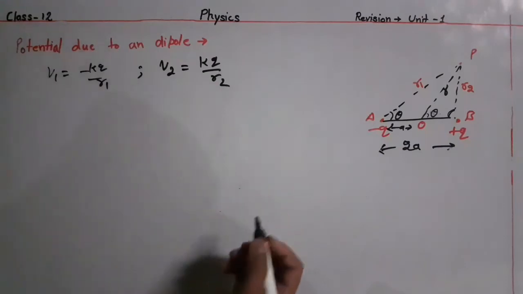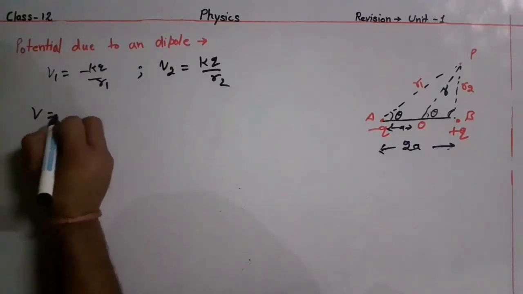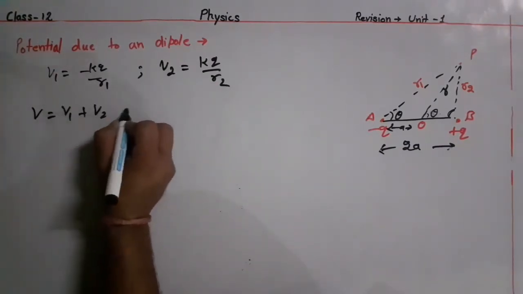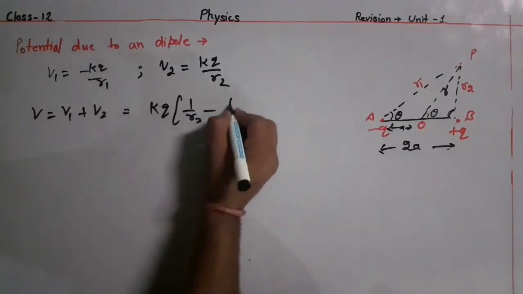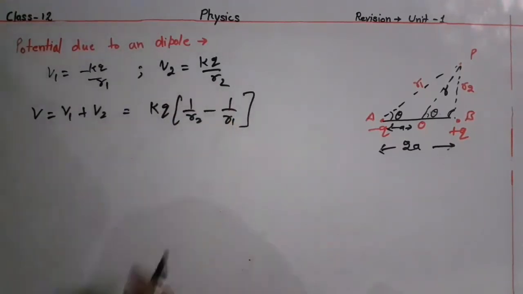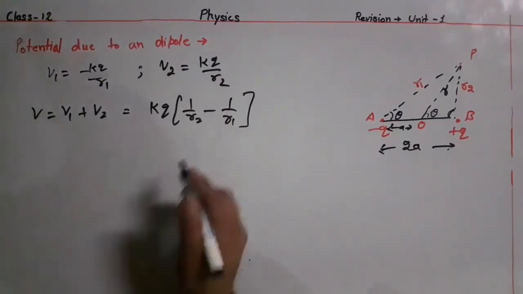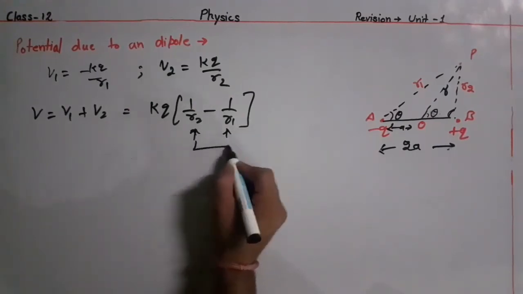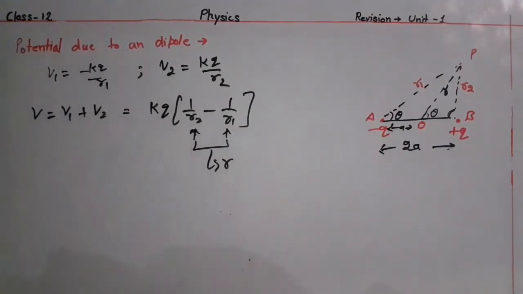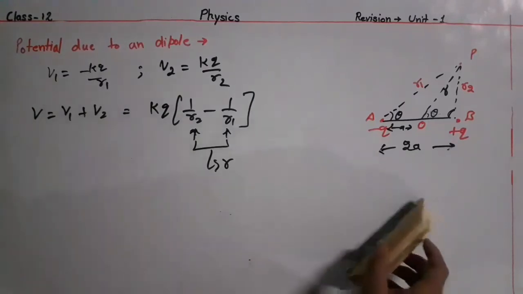Total potential will be equal to V1 plus V2. This will give us KQ into 1 by R2 minus 1 by R1. This is our potential due to a dipole. Now use your notes to find out how we can resolve this R1 and R2 in the form of R, and solve using the binomial theorem.